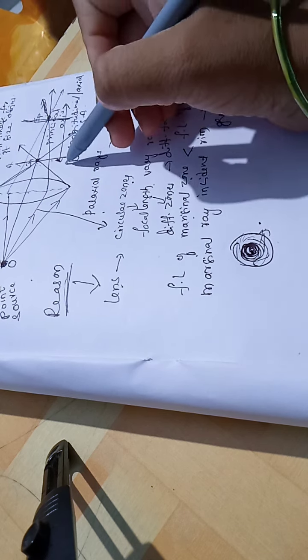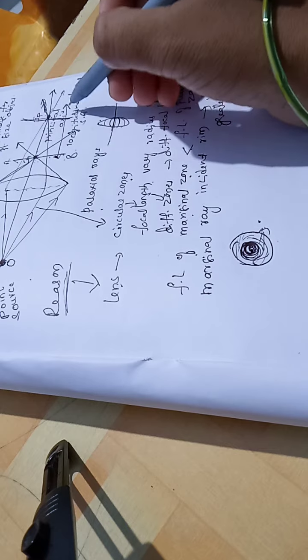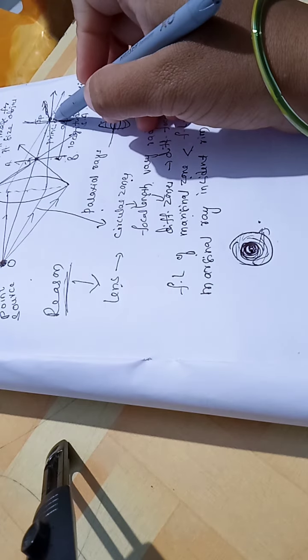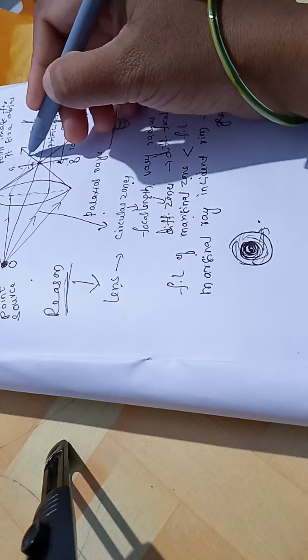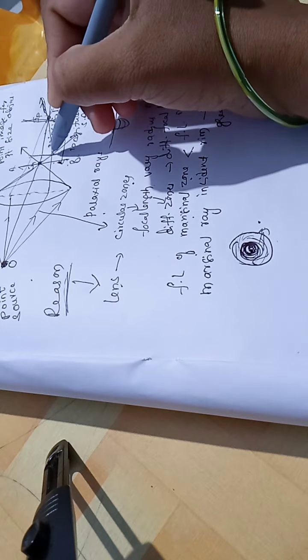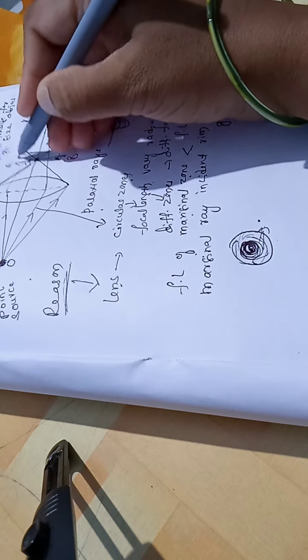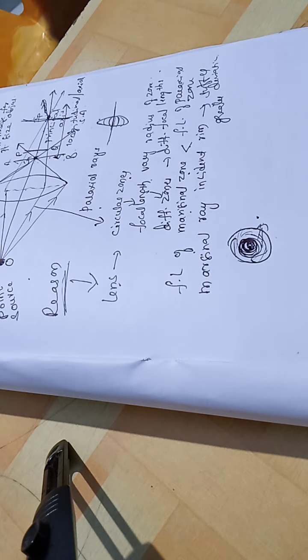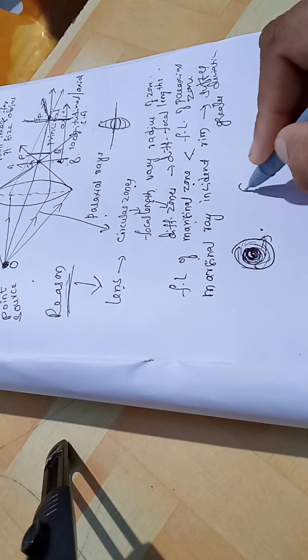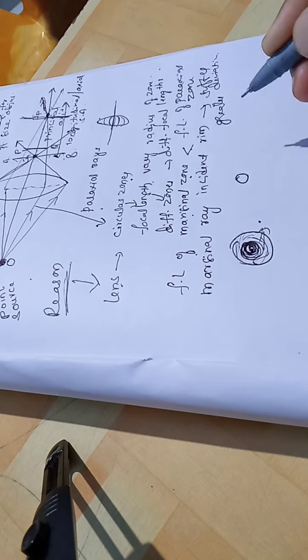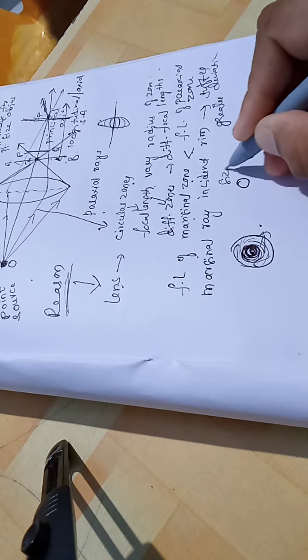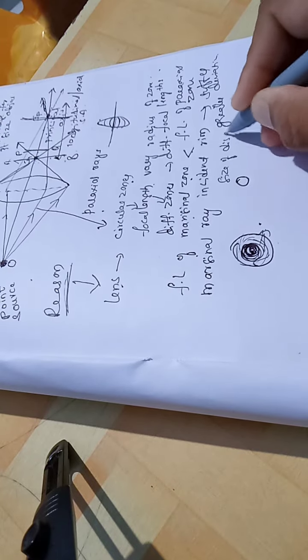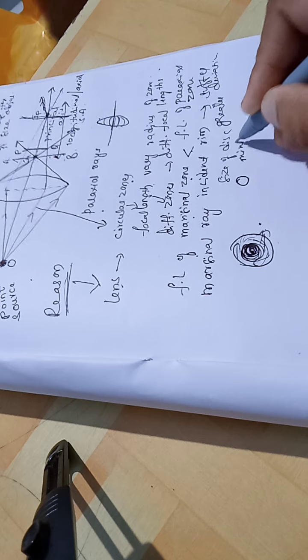Now, just move this screen between IM and IP. At one particular point, say here, at some PQ, we will see that the size of the disc reduces, it becomes minimum.